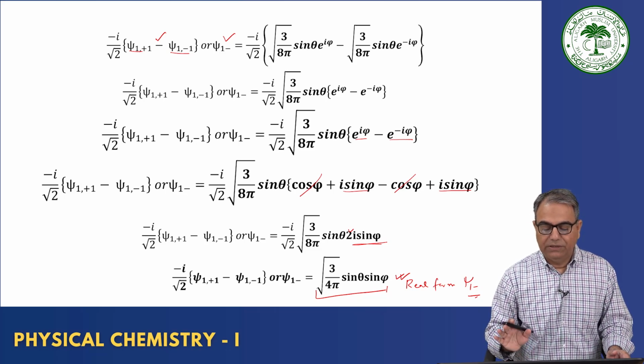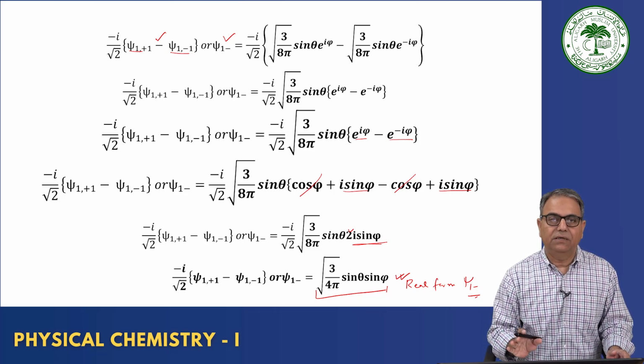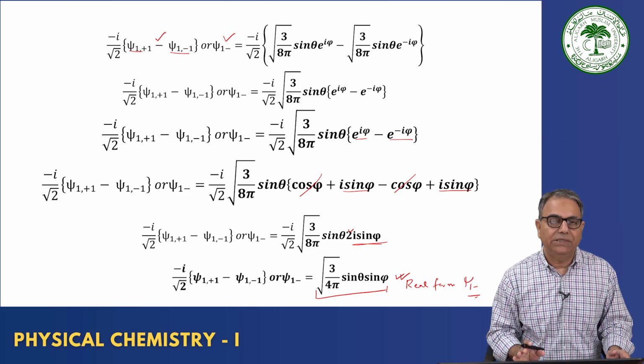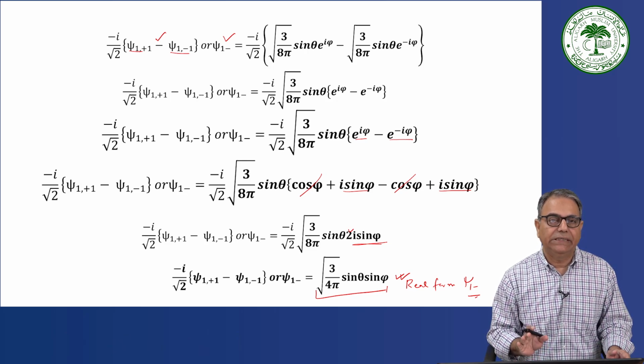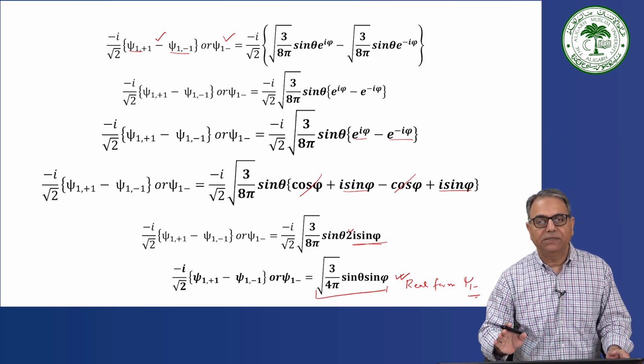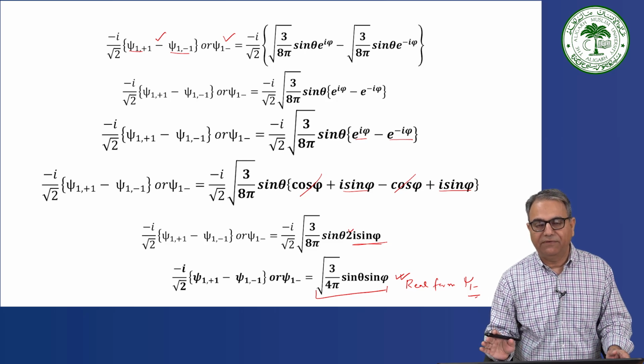Now the third equation which we get is the R equation, and the R equation will be solved in detail, because the R equation tells you how the function depends on the R variable.